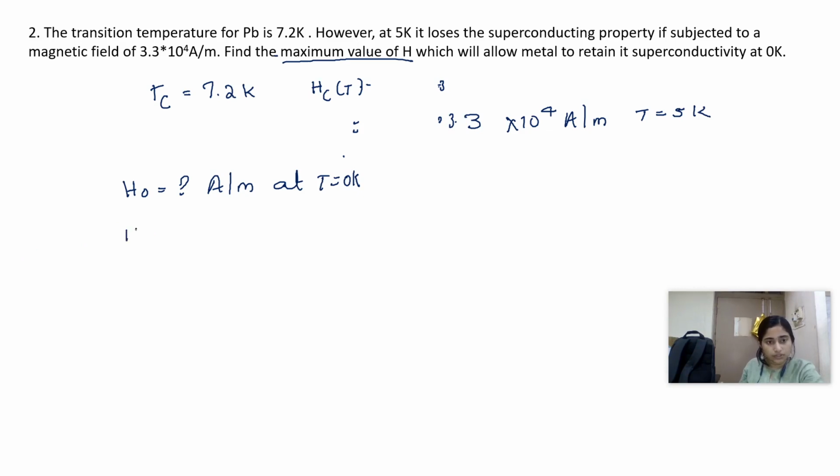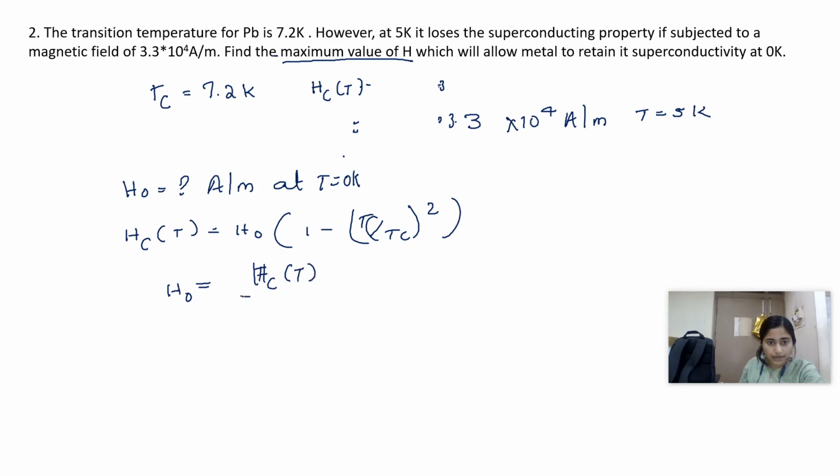For this we can use the same formula: Hc of T is equal to H0 times 1 minus T divided by Tc, whole square. Now substitute the values. From there you calculate H0, which is equal to Hc of T divided by this complete term, 1 minus T divided by Tc, whole square.